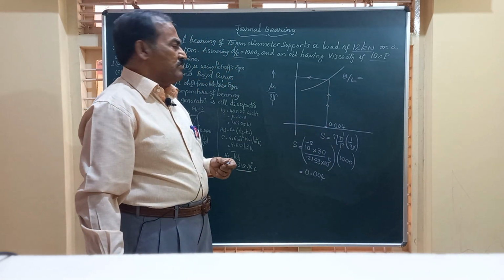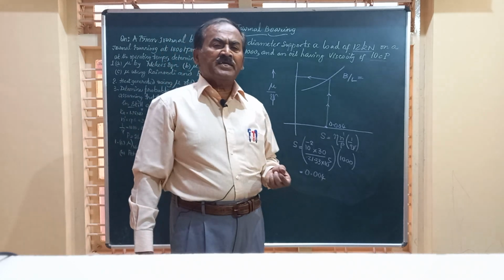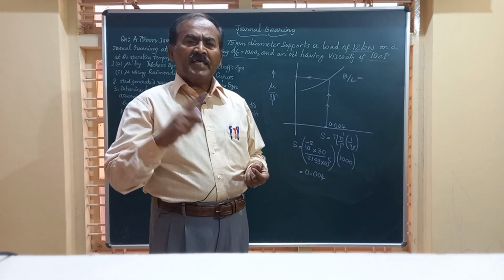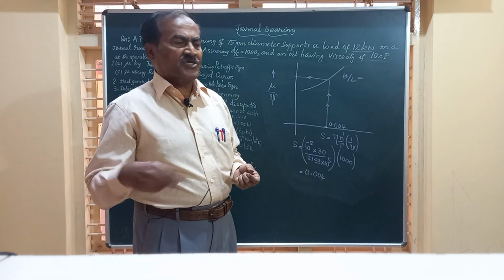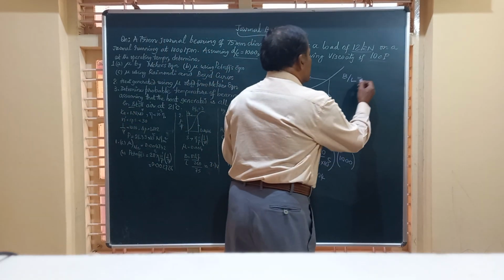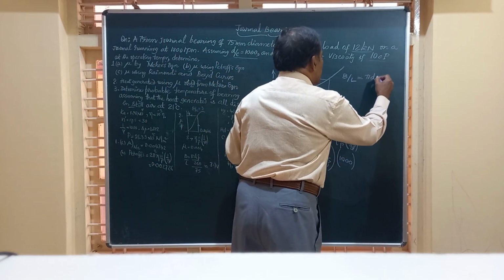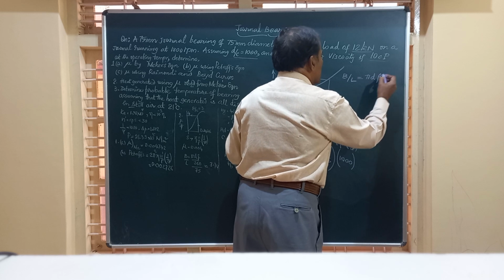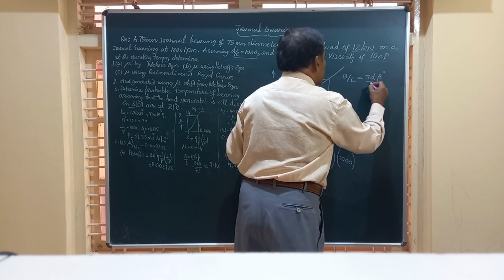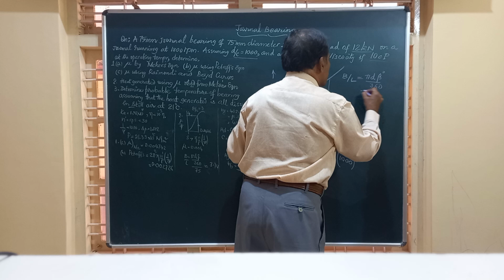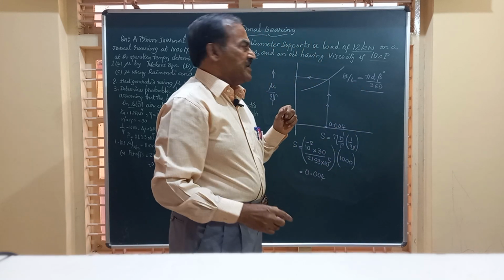What are B and L? Friends, B indicates the length of the bearing along the direction of rotation, and this is given by pi d beta degrees divided by 360, and L is equal to the length of the bearing.